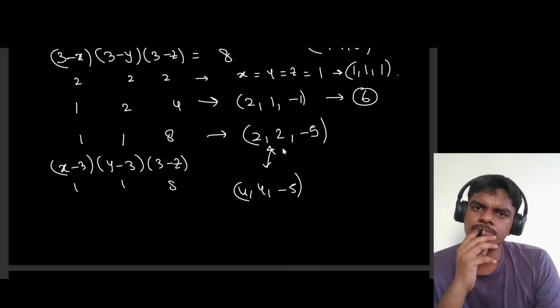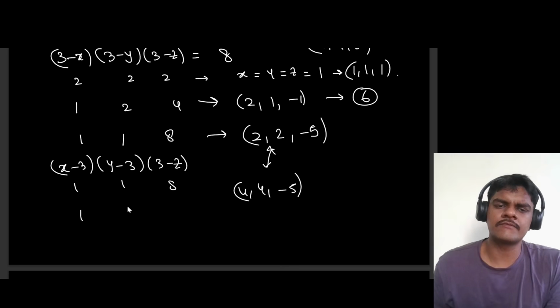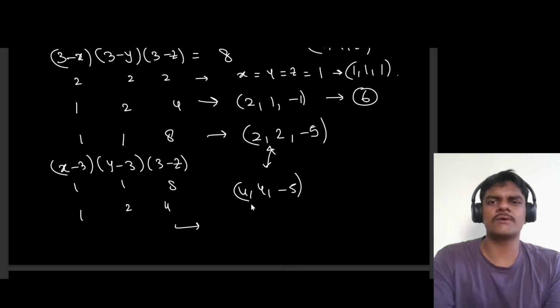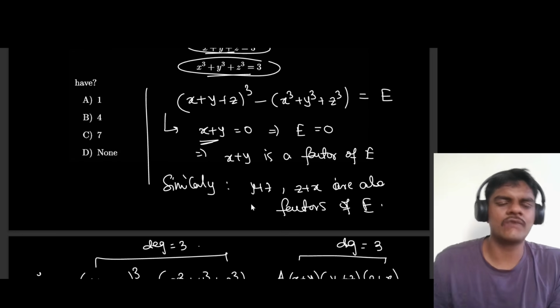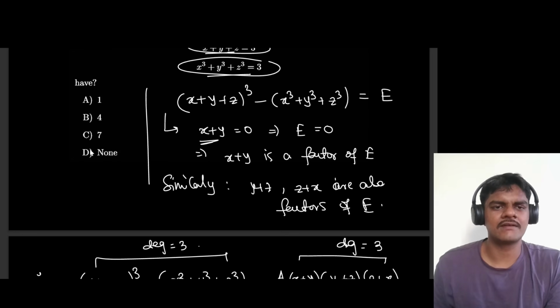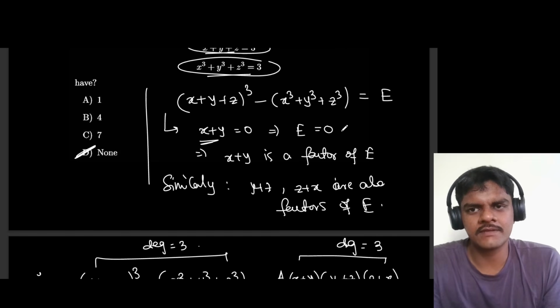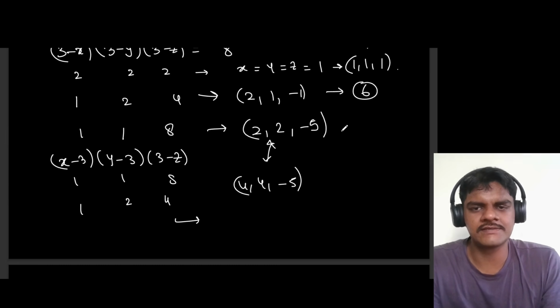If I take 1, 2, 4, again I'll have a different solution. So obviously there will be more than 1, 4, or 7. The answer should be none of these. Got it? There are numerous solutions, and this is how you solve it.